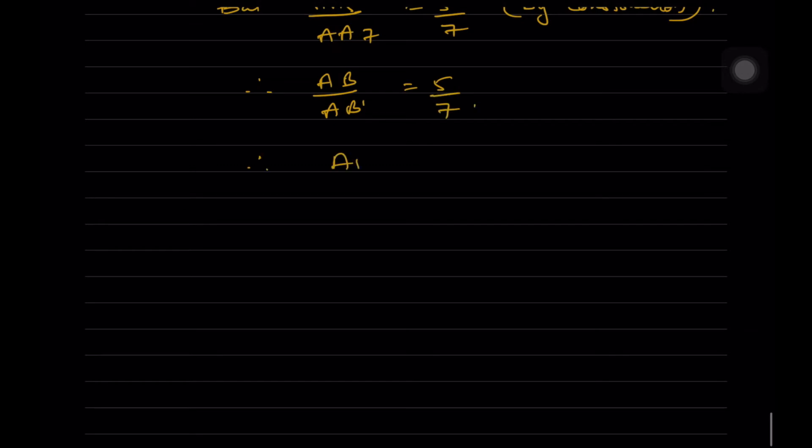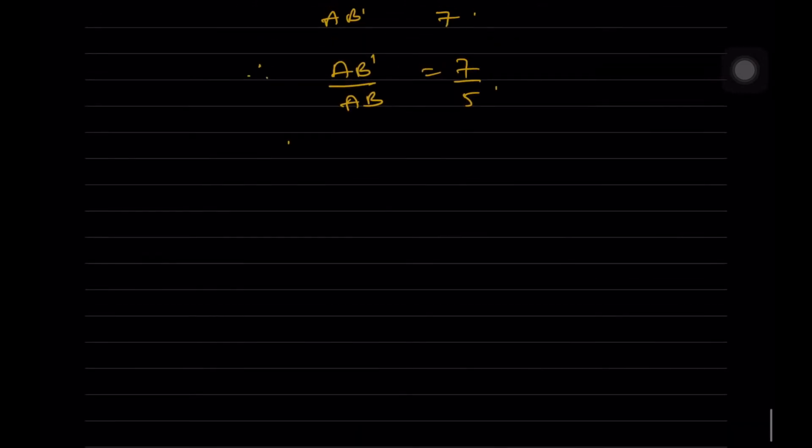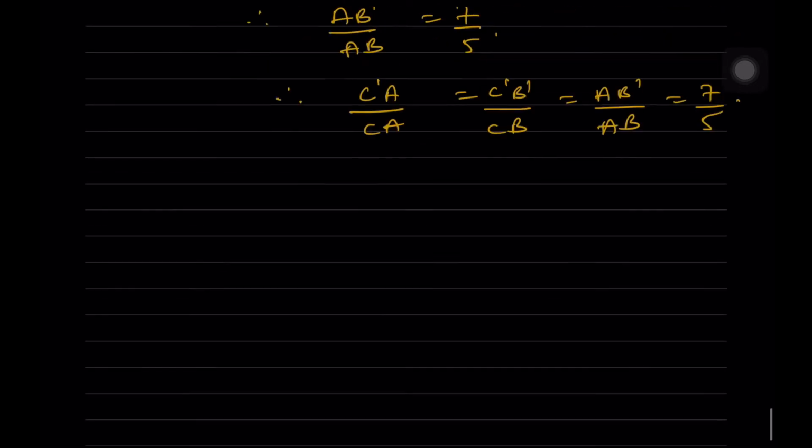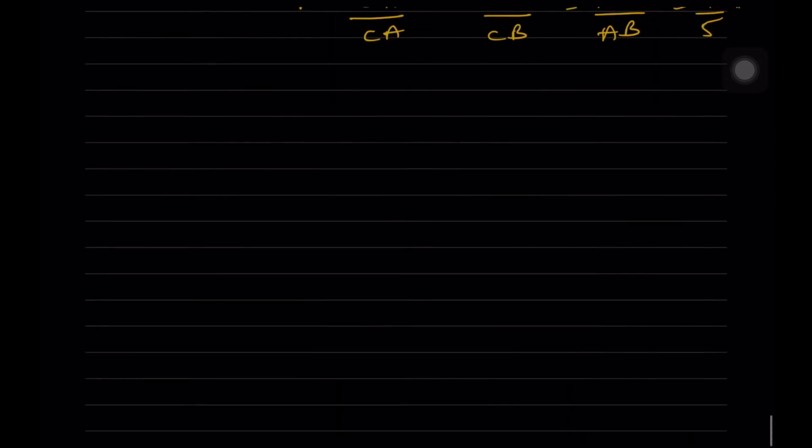Therefore, AB dash by AB is equal to 7 by 5. Therefore, C dash A by CA is equal to C dash B dash by CB is equal to AB dash by AB, which is equal to 7 by 5. This is the required justification which you are having.